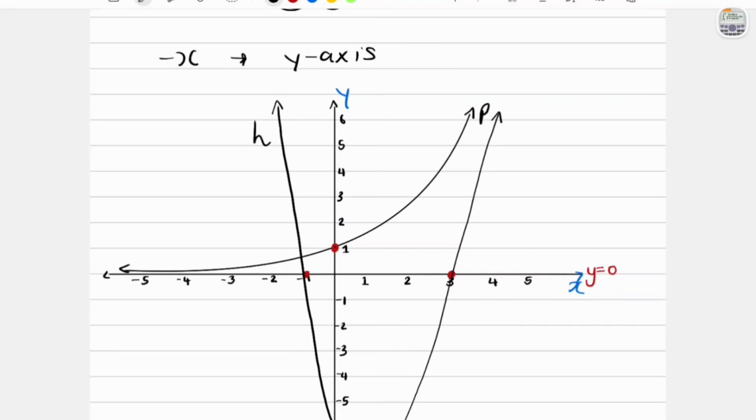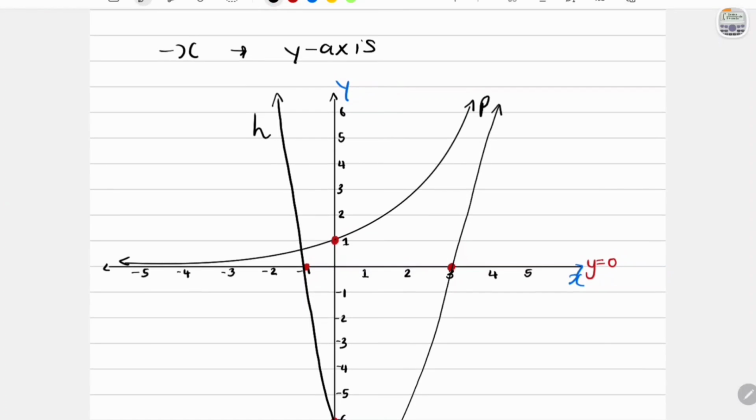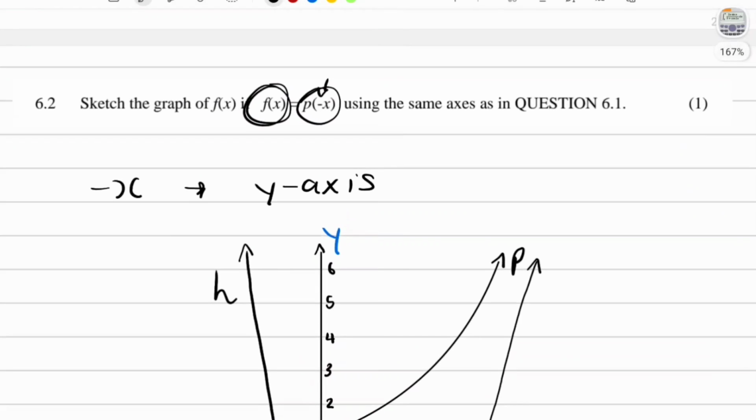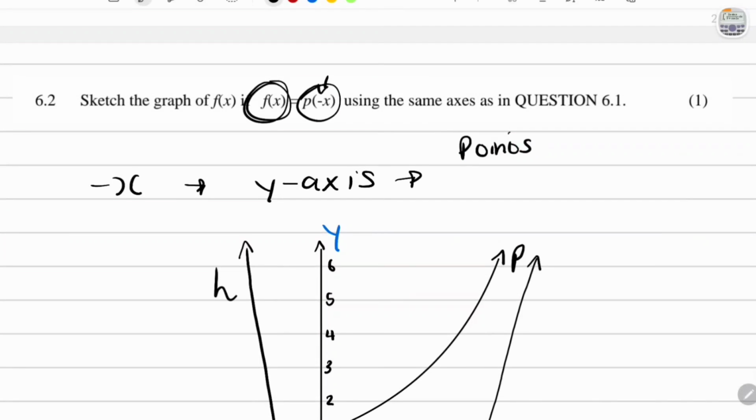You don't have to overthink this, okay? You don't have to think, where must I put this? First thing we need to look at is any points that we have available. So when you're reflecting across the y-axis, you're going to have to think about what happens to all the points.